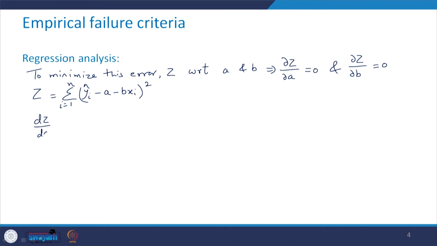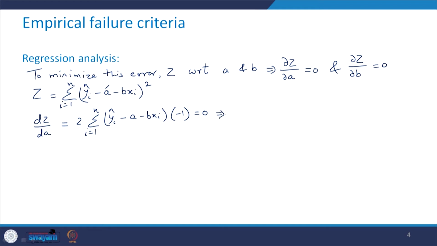dz by da is going to be equal to 2 summation i equal to 1 to n (yi cap minus a minus b xi), and for this minus a I will be getting one negative term, and then we need to make it equal to 0.